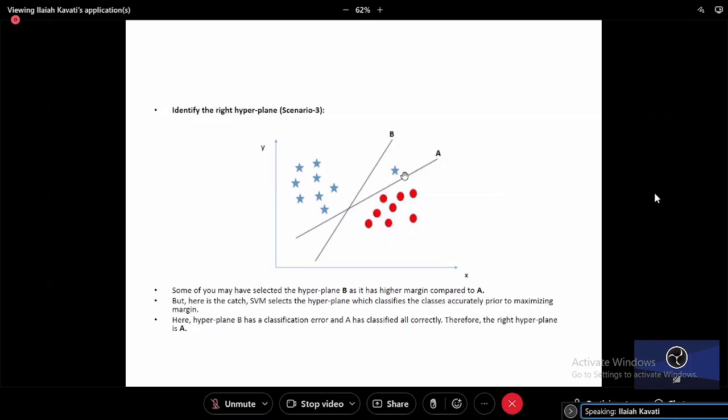Even though this is a star, it is classified as a circle. So the hyperplane, even though it has to maintain the maximum margin, the classification accuracy should be high. Classification accuracy is the most important. So accuracy comes first, then maximizing the margin. In this scenario, we need to choose A as the correct hyperplane.